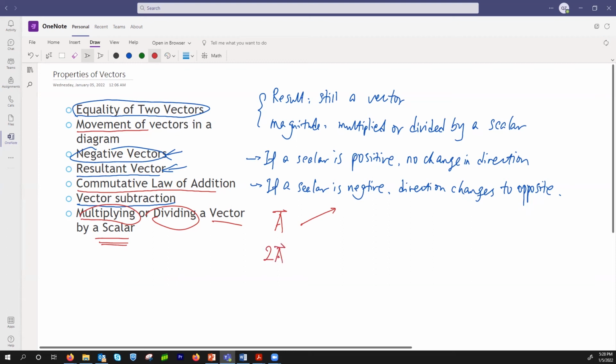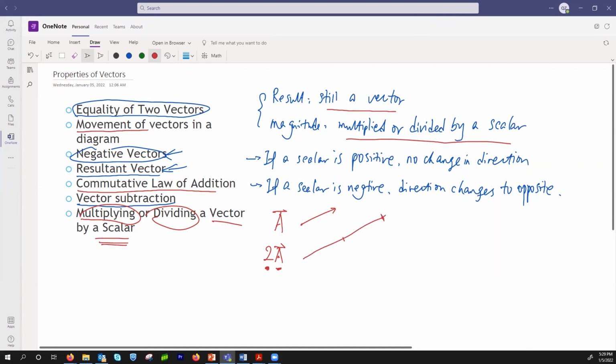In other words, we are multiplying vector A by the scalar number 2. The end result, first of all, is still a vector, which means it has not only a magnitude, but also a direction. Secondly, the magnitude will be multiplied or divided by the scalar. In this case, it doubled, so the magnitude needs to be doubled.